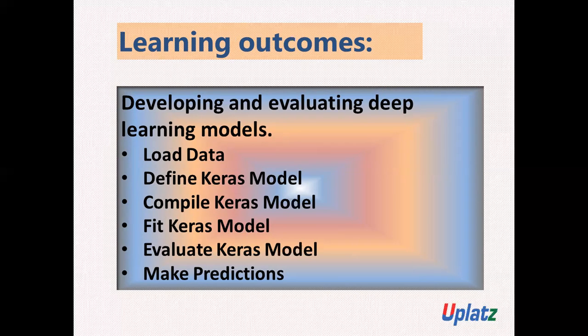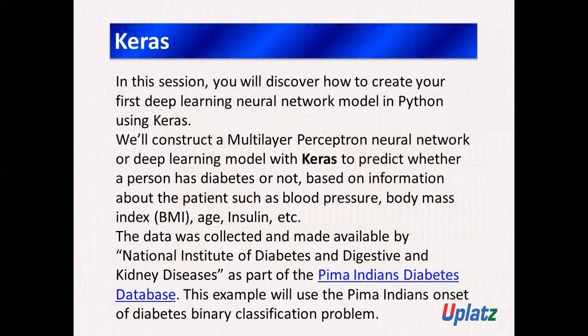Are you excited to build our first neural network model? It's going to help us solve a real-world problem. In this session, you will discover how to create your first deep learning neural network model in Python using Keras.